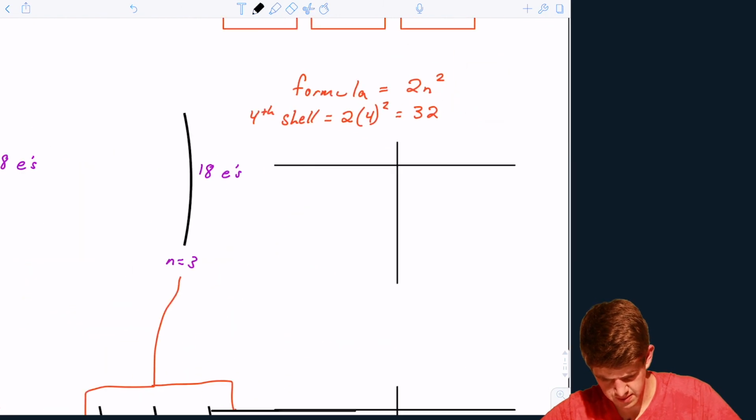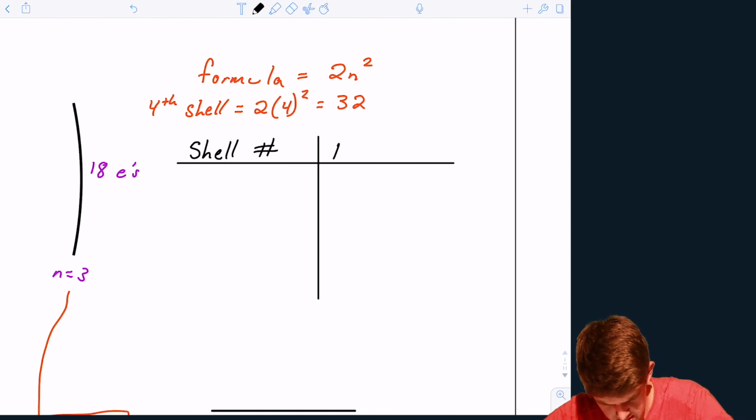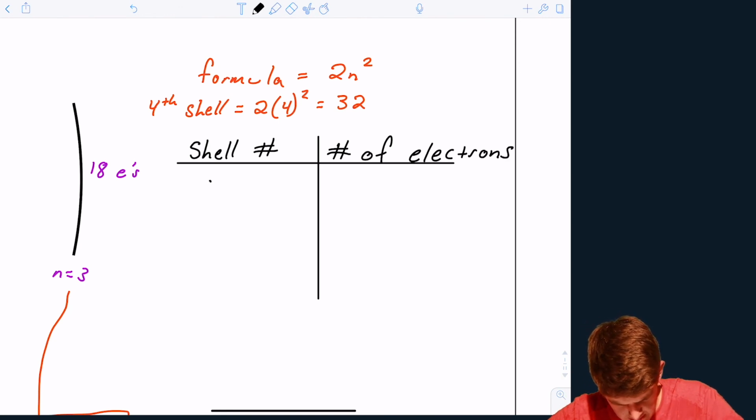So for this first one, shell number, and then number of electrons: n equals 1, n equals 2, n equals 3, and n equals 4.